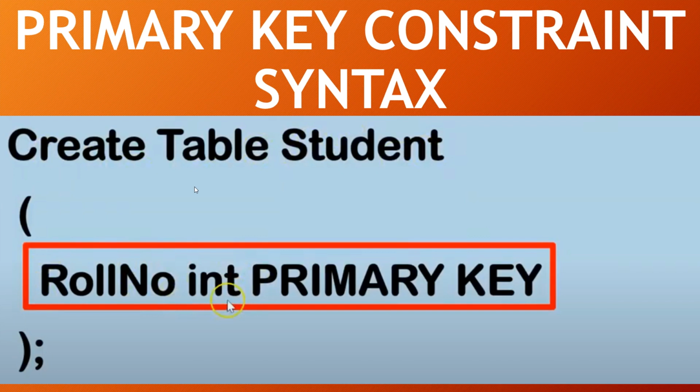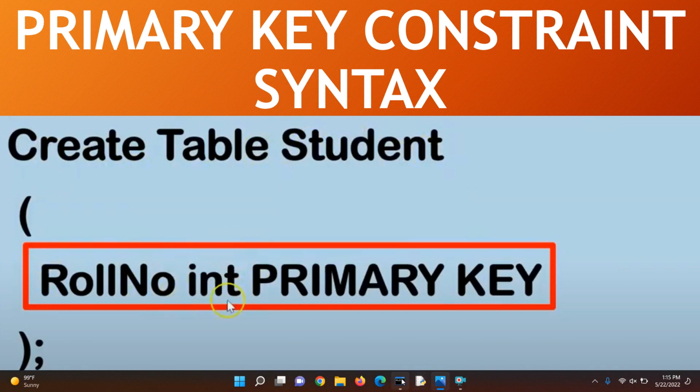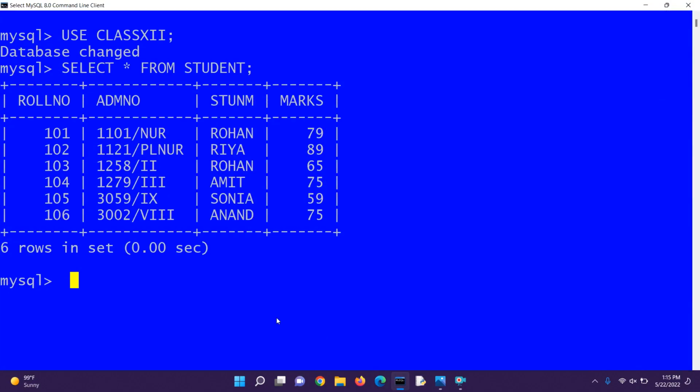What is the syntax of primary key? When you will be declaring, creating a table, during that process itself, we can mention these key constraints. If you remember in our previous video, we have created a table with the name student. Let us keep creating another table today with another name.